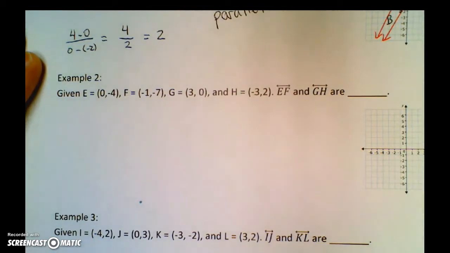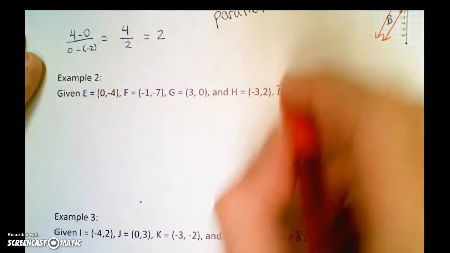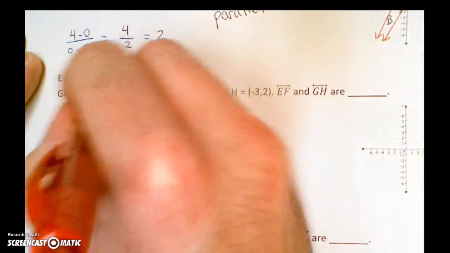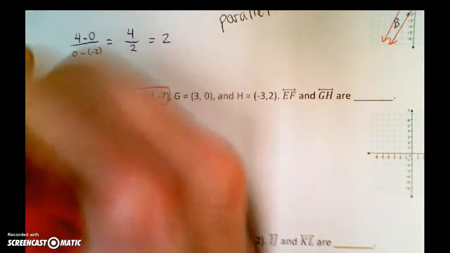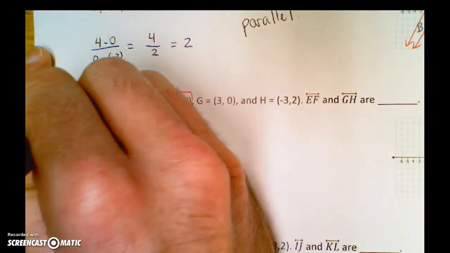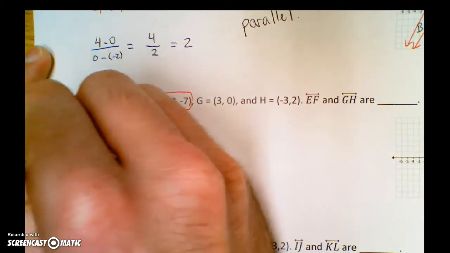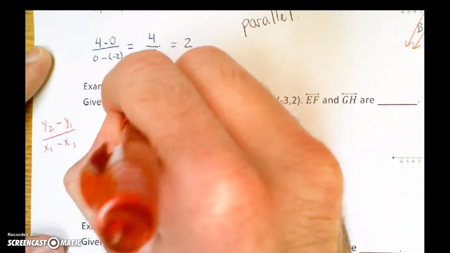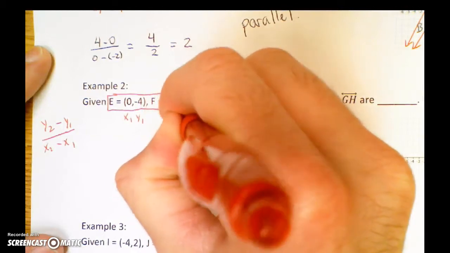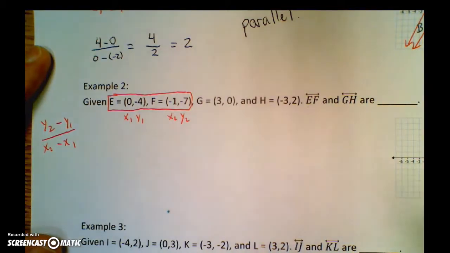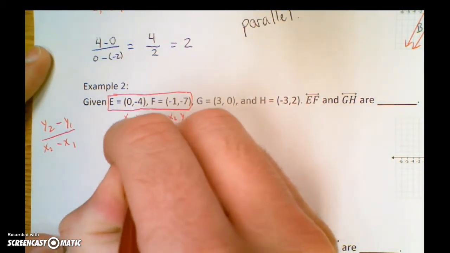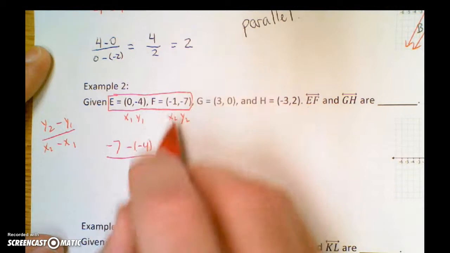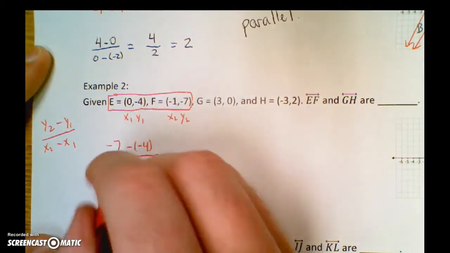Given these points, let's determine if these lines are parallel, perpendicular, or neither. So it says EF, so I'm going to compare E and F. Remember, your slope formula is y2 minus y1 over x2 minus x1. So label your coordinates x1, y1, x2, y2, and then just plug them in. -7 minus -4 over -1 minus 0.